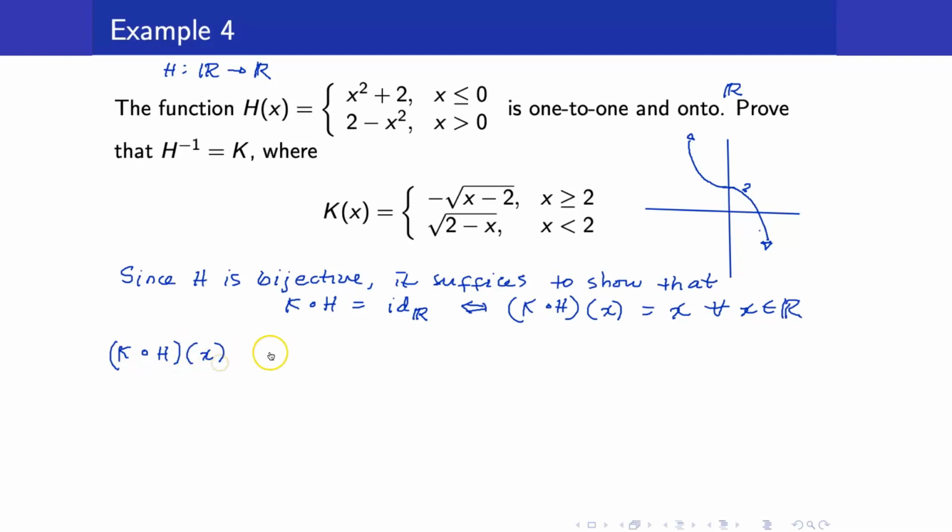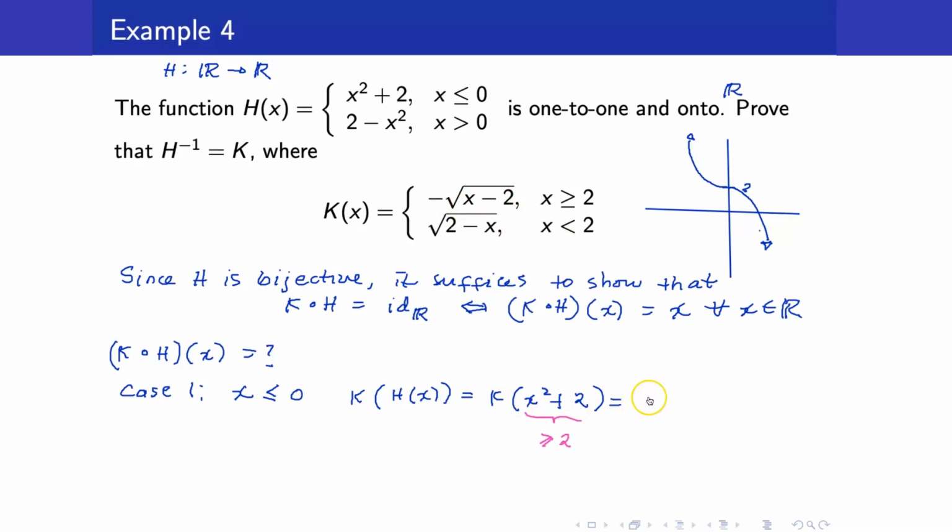Since we have a piecewise function and we are first applying h, for our first case, x is less than or equal to 0. So we have k of h of x, and x is less than or equal to 0, so we will make use of x squared plus 2. But what can you say about x squared plus 2? This is greater than or equal to 2. The input is greater than or equal to 2, so when applying k, we make use of this.